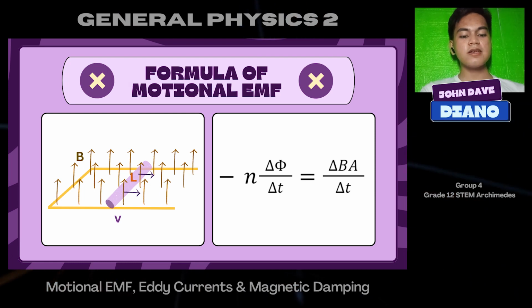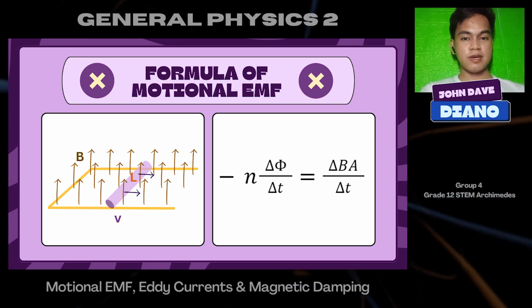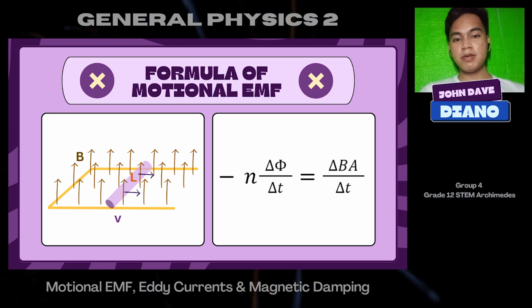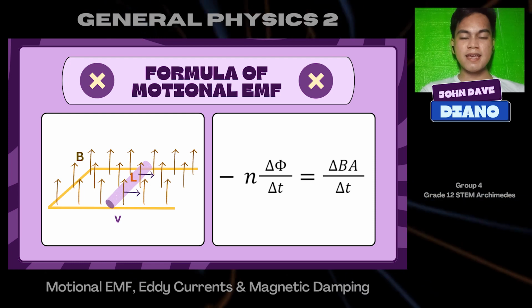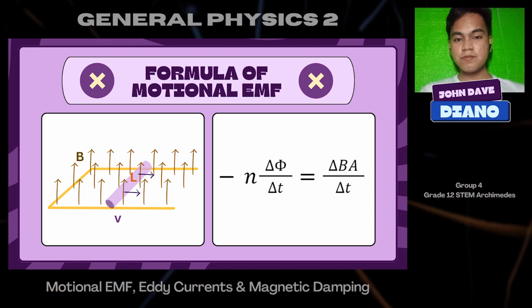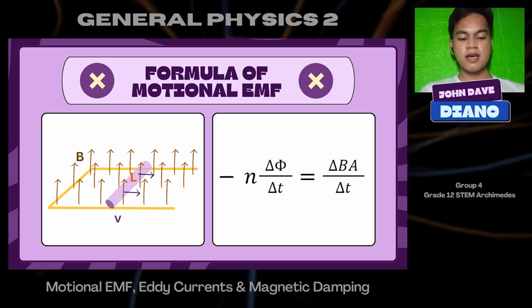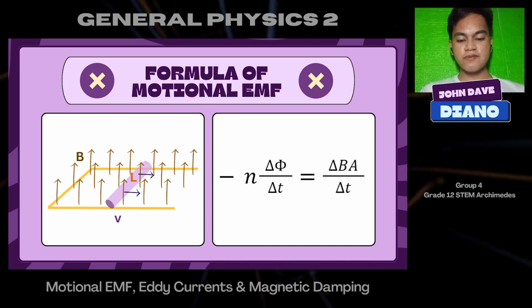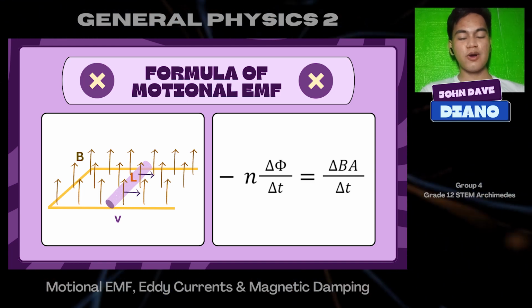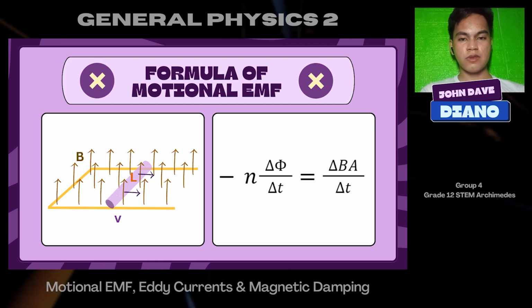So, change in magnetic flux over change in time is equal to change in B multiplied by A over change in time, where B is the magnetic field that is perpendicular to the surface multiplied by A, or area of the surface, all over t, or the change in time.